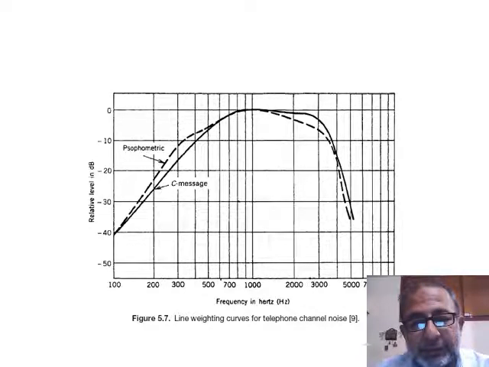For example, you can see approximately at minus 25 dBs for a C message testing. C message means 1000 hertz of signal is being used for testing.